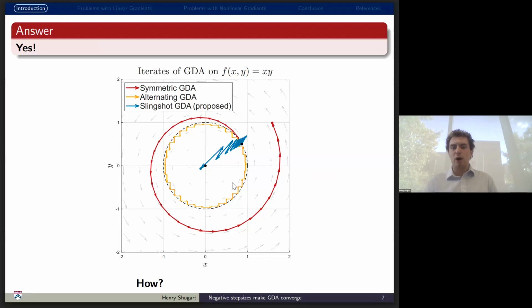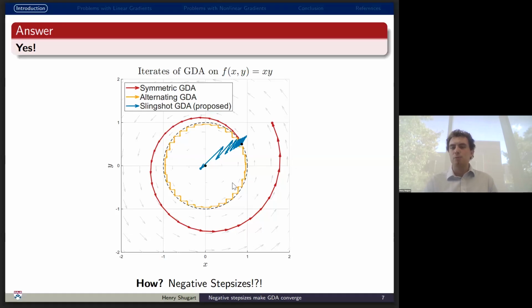The answer to this question we show is a resounding yes. We can make GDA converge only changing the step sizes alpha t and beta t. And how we do that is by using negative step sizes. This means going backwards at various steps so that either the x or the y variable will make, in some sense, backwards progress, at least on some iterations.